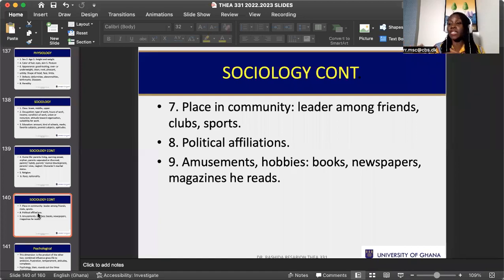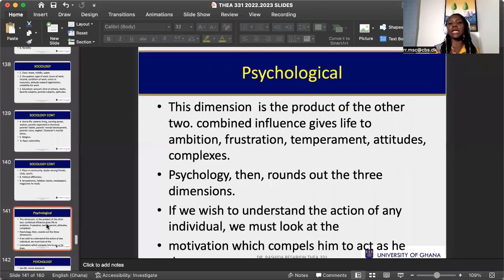And then if it is an opinion that society has about who you are, such as, oh, you are an unscrupulous human being who should not be tolerated. Nobody should have any associations with you. You are carrying it with you, and it is influencing how you see yourself. And so the psychological dimension is the product of the first two.